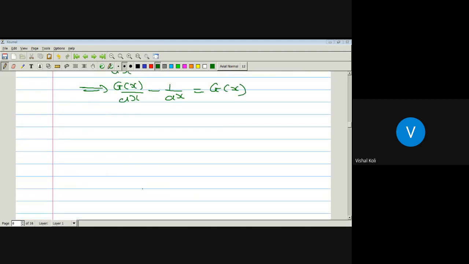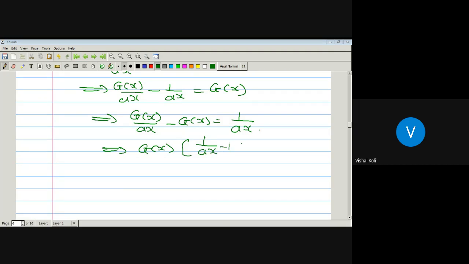Now take this g of x to the left hand side, subtracting g of x on both sides. Then it is g of x divided by ax minus g of x, which is equal to 1 divided by a into x. Take g of x common: g of x into (1 minus ax) divided by a into x is equal to 1 upon ax. This 1 upon ax gets cancelled.